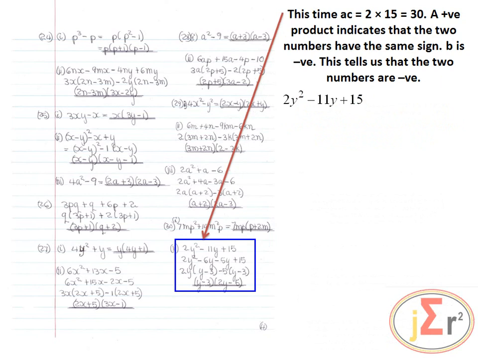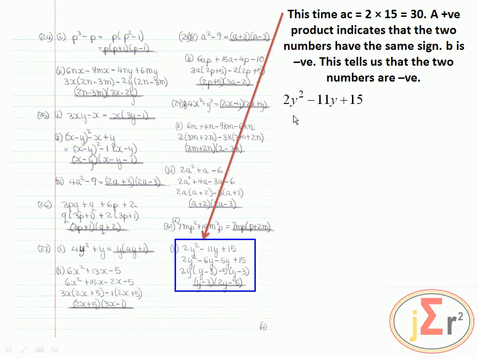This time AC is equal to 2 times 15, which is equal to 30. A positive product indicates that the two numbers have the same sign. B is negative. This tells us that the two numbers are negative. So do not forget that if we have a positive product, as we do right here, A is 2 and C is positive 15.